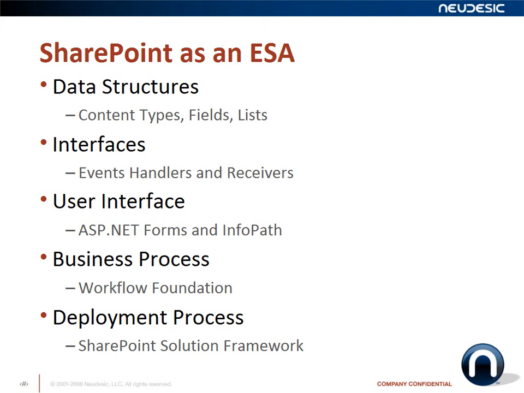But if you're not familiar, these are really core tenets and kind of the keystone of what SharePoint is. So how data is stored within SharePoint. Also interfaces, meaning how do we respond if a content type is added or an item is added to a list? What's the mechanism by which we can actually act on that data? And that obviously comes in the form of event handlers and receivers.